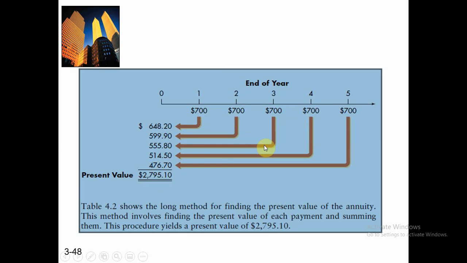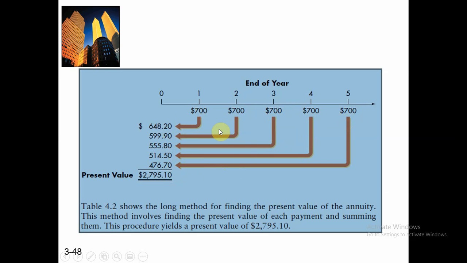But here I want to give you one finance concept. The amount is the same over the 5 years, but this 700 is converting into 648, while this 700 is converting into 476. Why is this very low and this high, when the numerical value is the same? Here is the concept of time value of money.